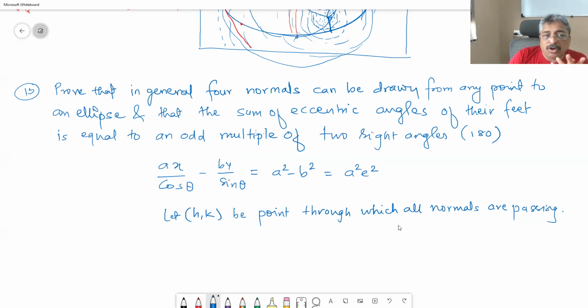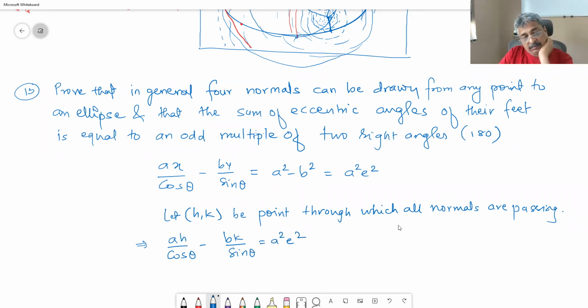So they are co-normal points. These feet will be co-normal points. All of them are concurrent. All normals are concurrent at h comma k, and therefore ah upon cos theta minus bk upon sin theta is equal to a square e square is our equation.